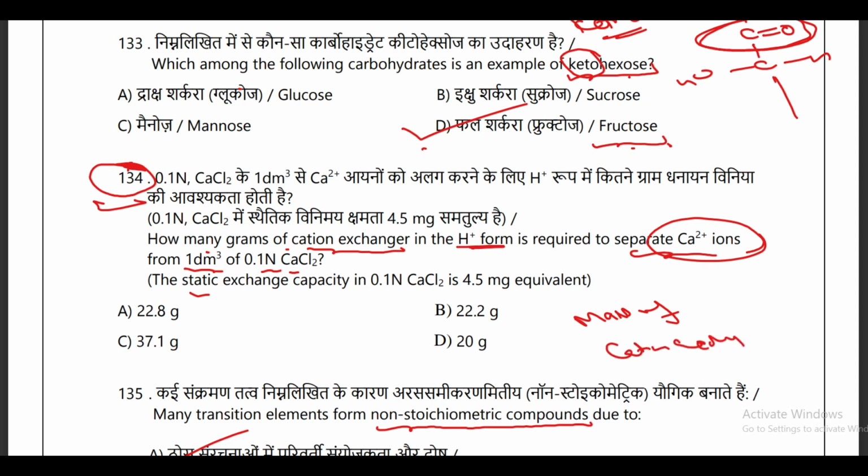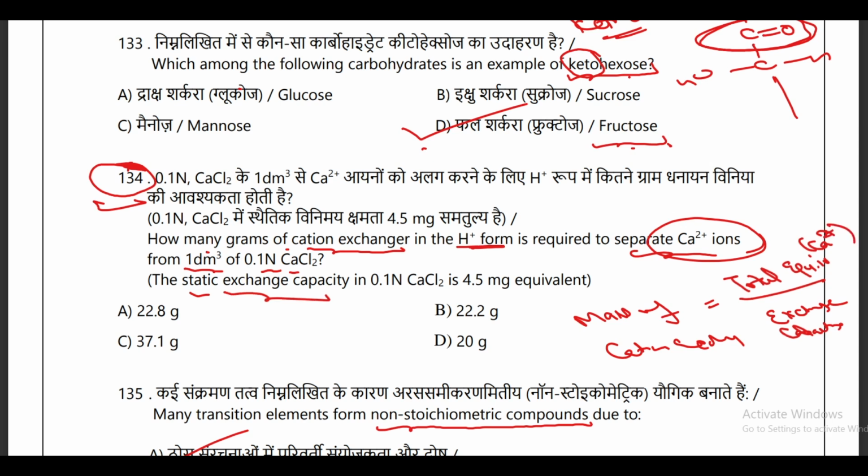For that, you will divide the static exchange capacity by the total equivalents of calcium two positive ions.